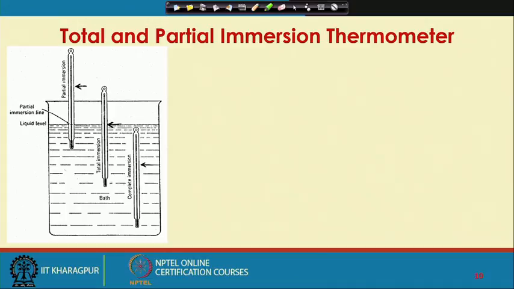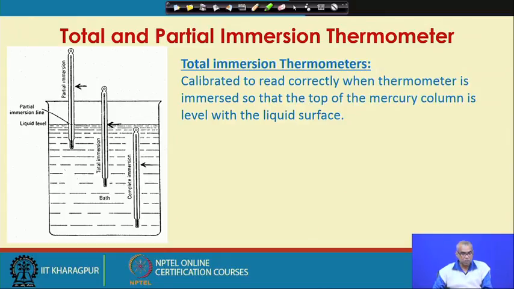Now, there are three types of thermometers known as partial immersion thermometers, total immersion thermometers and complete immersion thermometers. Partial immersion thermometers are indicated here.